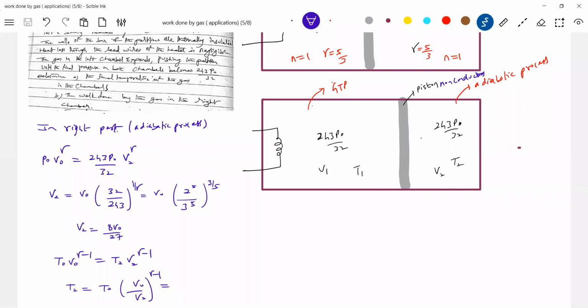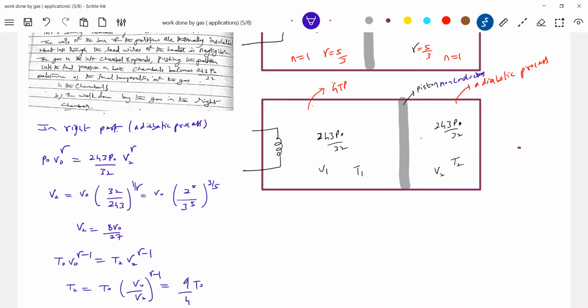Please help me with the value. I'll proceed next. Sir, 9 by 4 T naught. 9 by 4, sir. Okay, 9 by 4 T naught. Okay, I got T2.